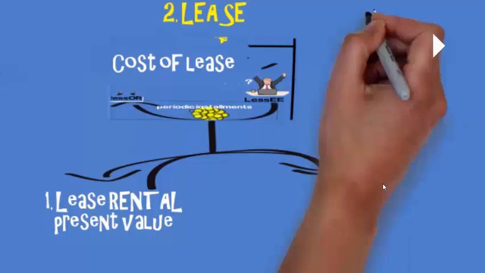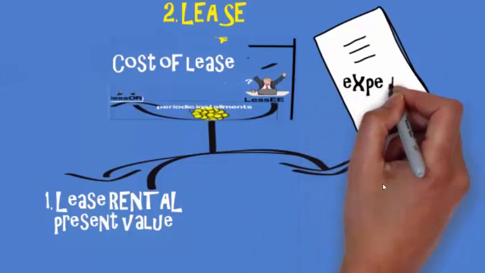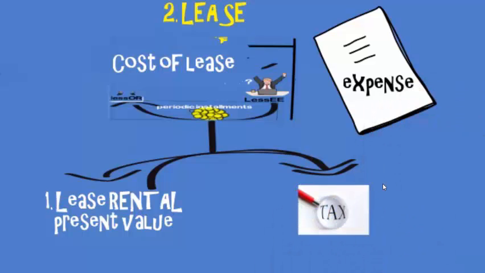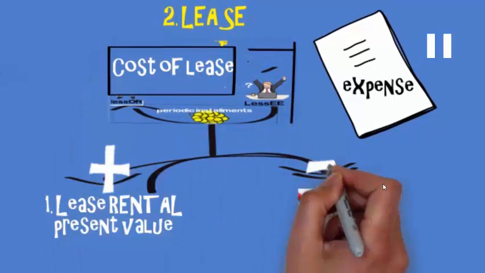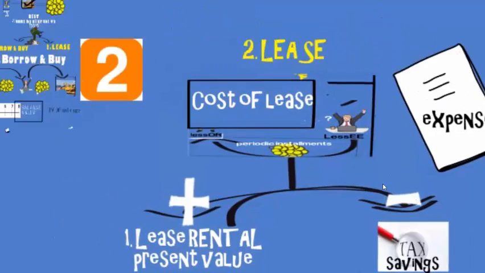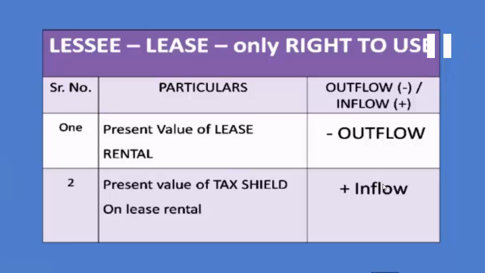It is an expense, and on this expense he will get the advantage of a tax shield, that is, the savings due to this lease rental payment. So the cost of lease is the present value of the lease rental, the outflow, minus the present value of the tax shield on lease rental. One outflow and one inflow.